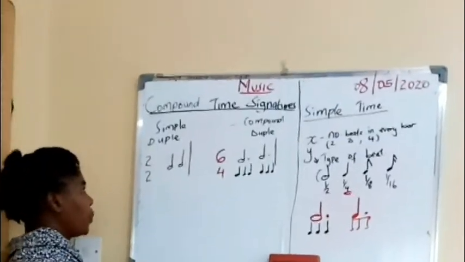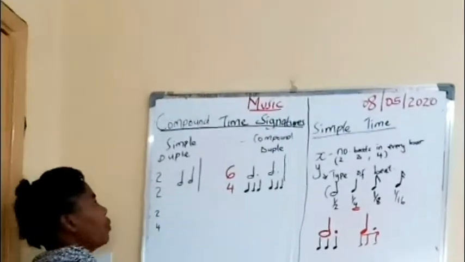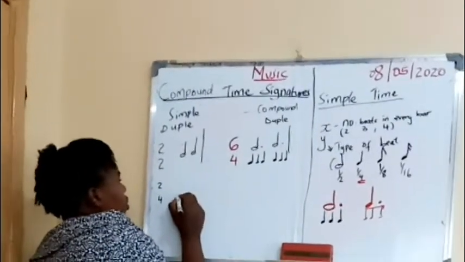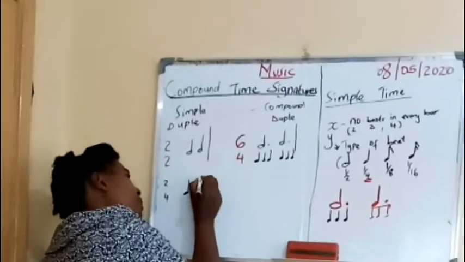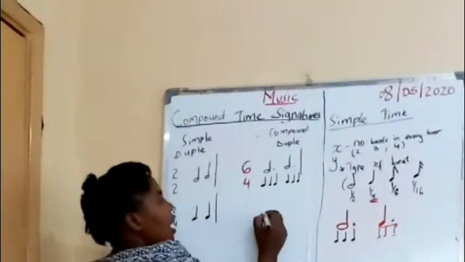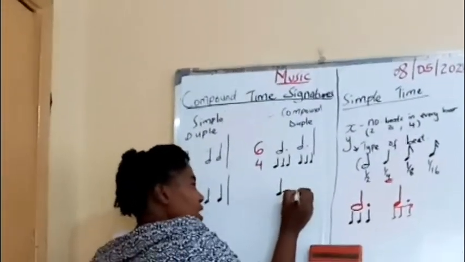Now what about 2 4? 2 4 is going to change, so it means that you are going to have 2 crotchet beats in every bar. So in compound time, you will have 2 dotted crotchet beats in every bar.